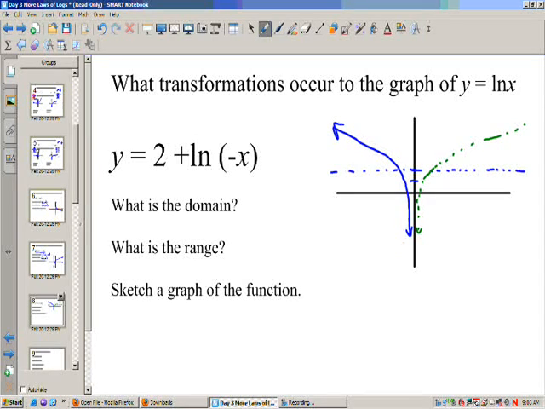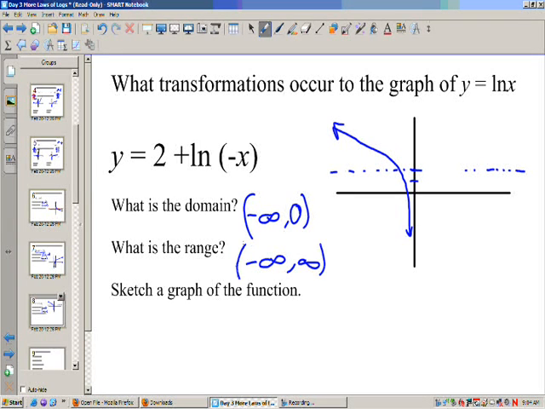So that blue is what we're looking for. Or did I say x-axis? Y-axis is what we're reflecting it over. And that blue graph is what we got. Now our domain goes from -infinity all the way up to 0, and not including 0, so we use parentheses. And the range again goes from -infinity to infinity.